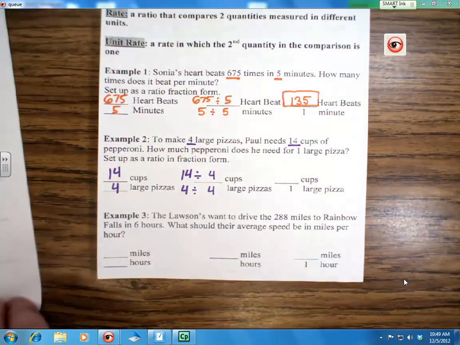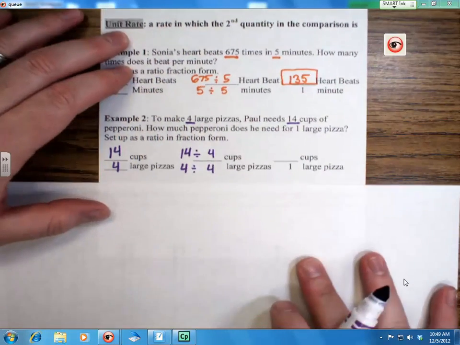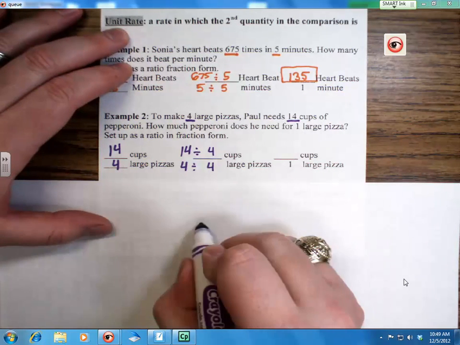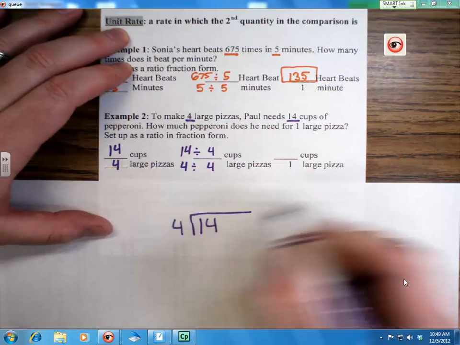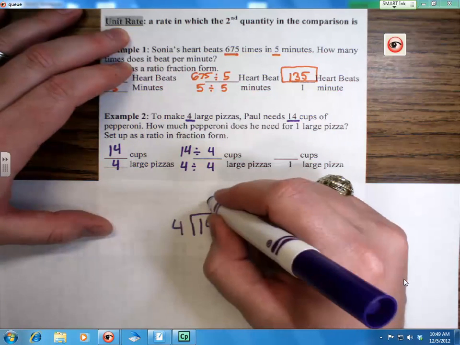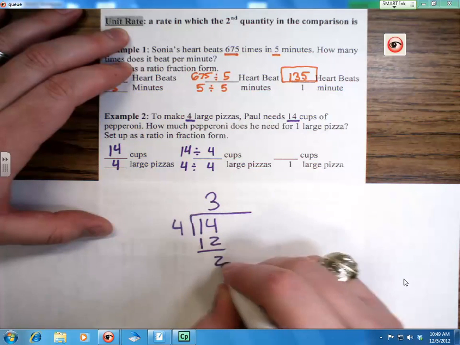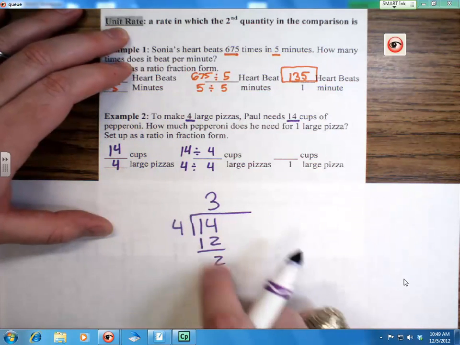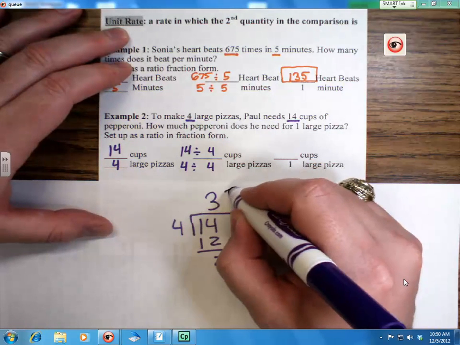Well, I know that when I divide 14 divided by 4, it's not going to come out evenly. So that's going to give me 3, which gives me 12, with a leftover of 2. So I'm going to take that remainder that I have right there and put it over the number that I divided by. So I'm going to have 3 and 2/4.